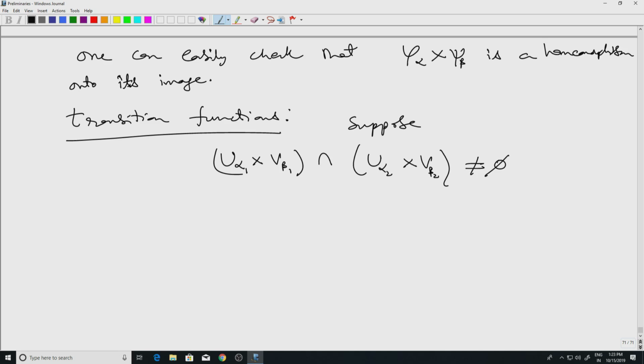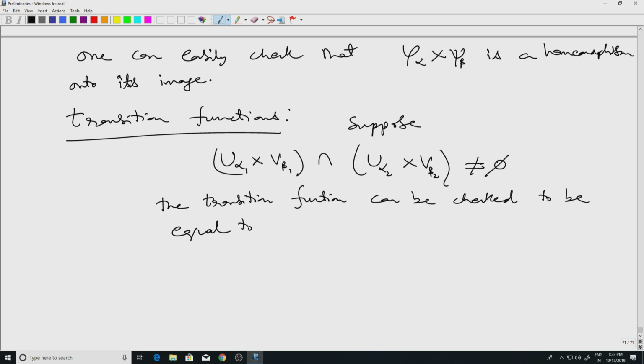So the transition function can be checked to be equal to phi alpha 1 times psi beta 1 composed with phi alpha 2 times psi beta 2, the whole thing inverse.